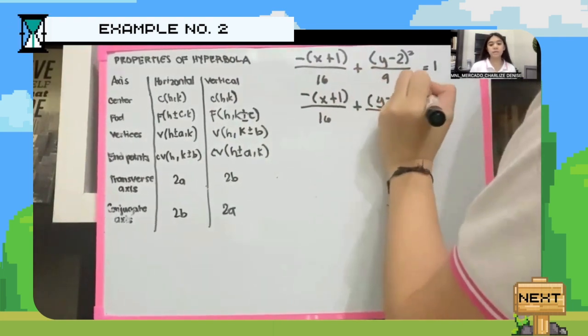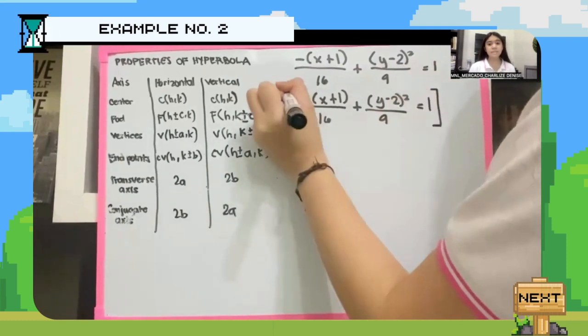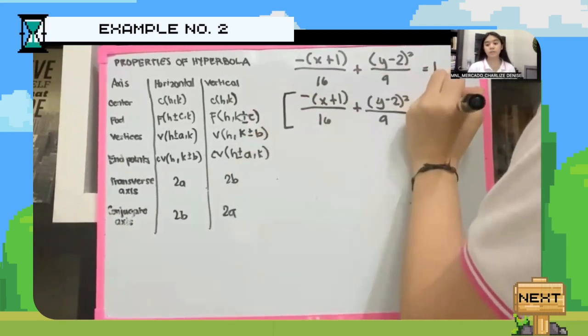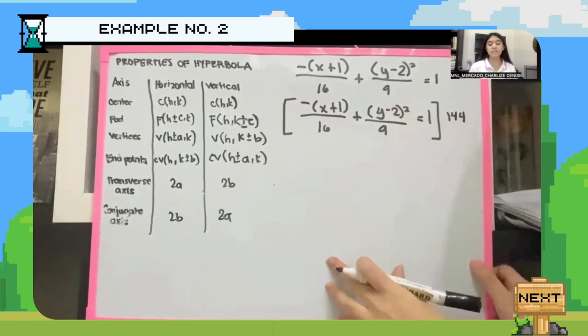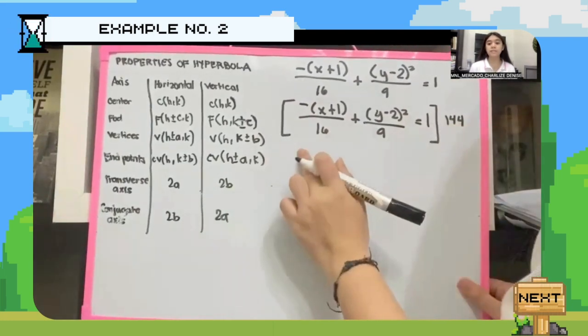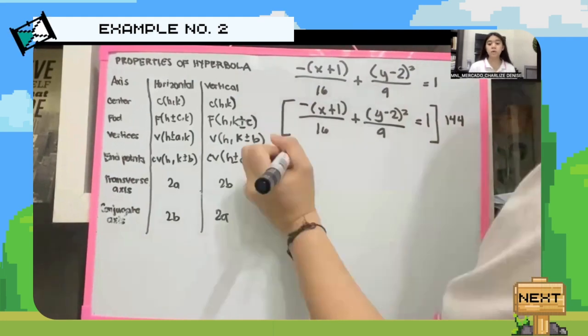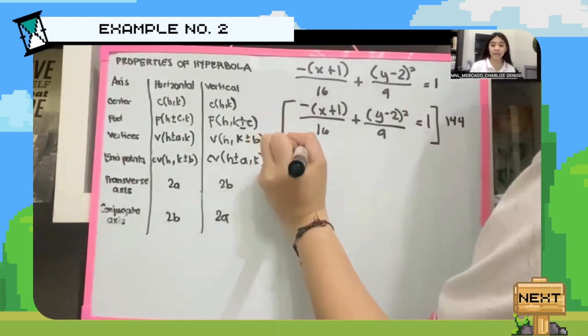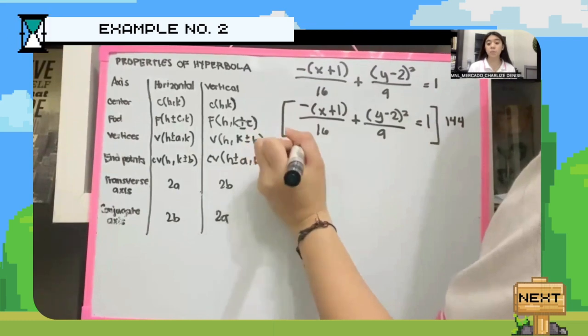The least common denominator of 16 and 9 is 144. The next step is 144 divided by 16, so it will be negative 9 times x plus 1 squared.